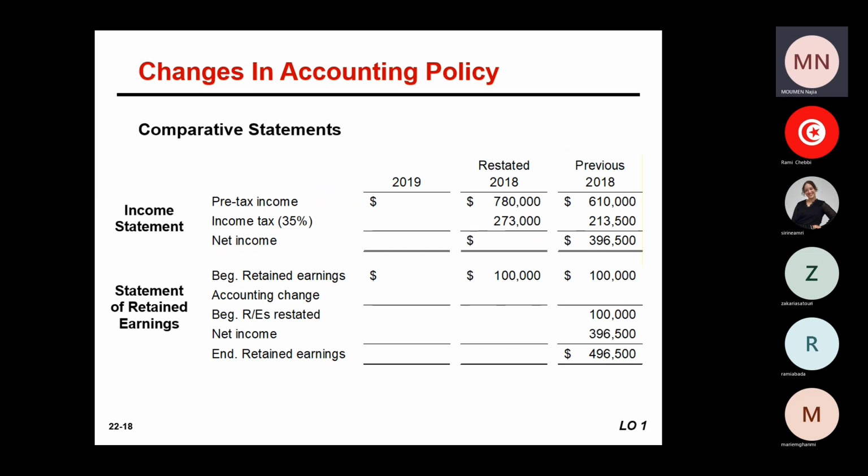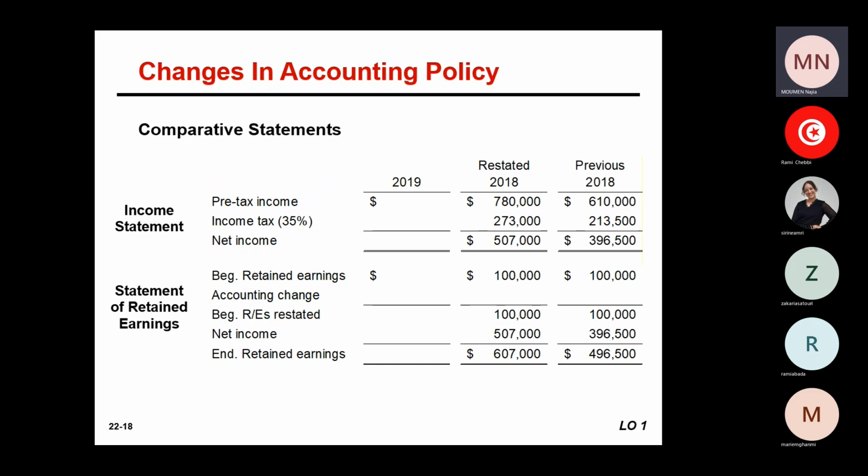So my net income will be 507. That's my net income that will be added to the beginning retained earnings balance. So we got this ending retained earnings. You see here, that's the adjustment that we already did to 2018, and then our retained earnings are already adjusted.